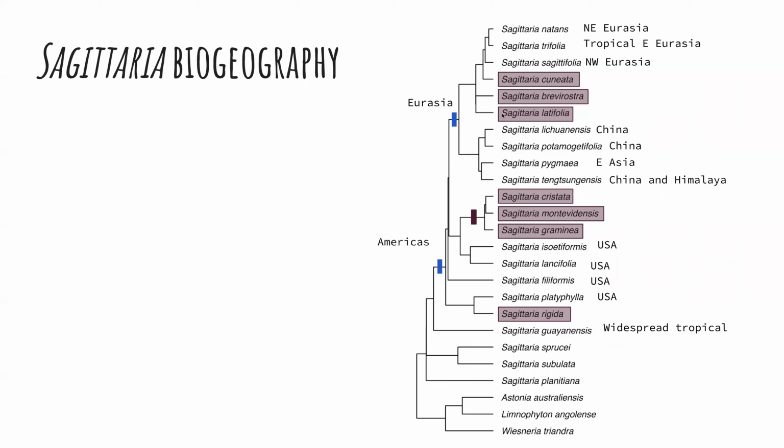So maybe shared an ancestor that diversified in North America, which gives us kind of these big blocks of genetic difference. So different species in Wisconsin.